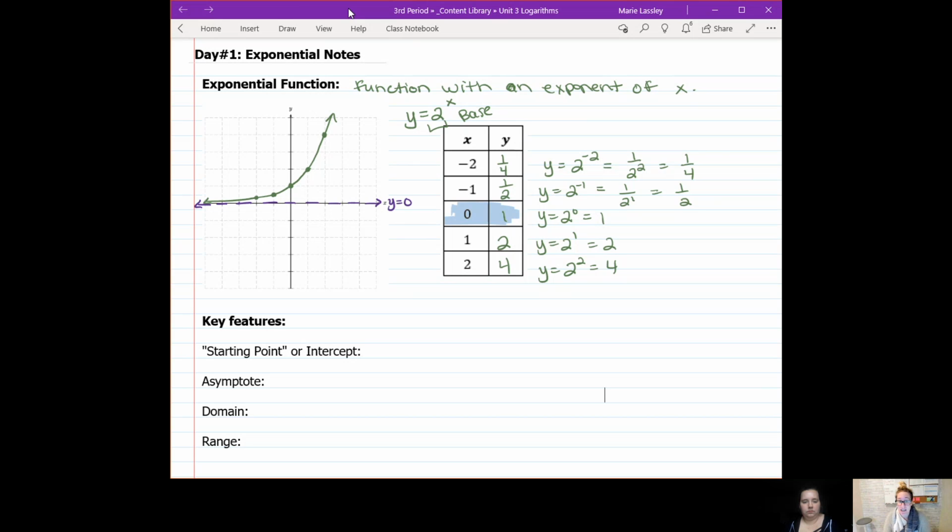All right, so there's a nice parent function, I guess you could say. There are no transformations here. Changing the base number is not a type of transformation.